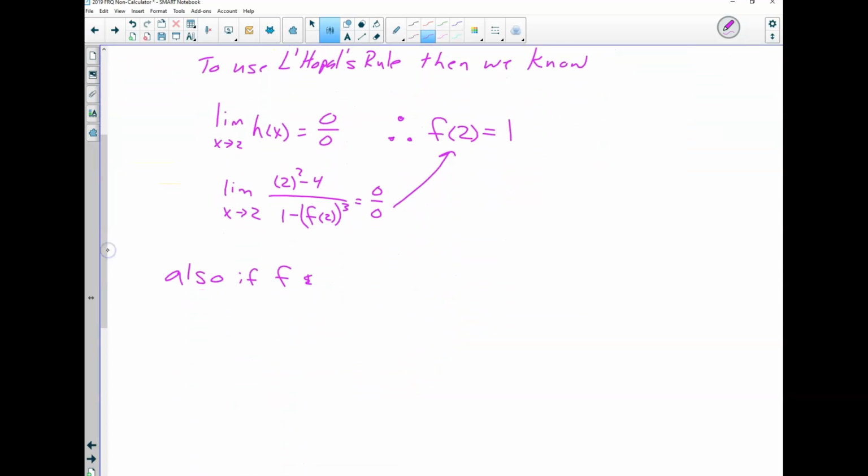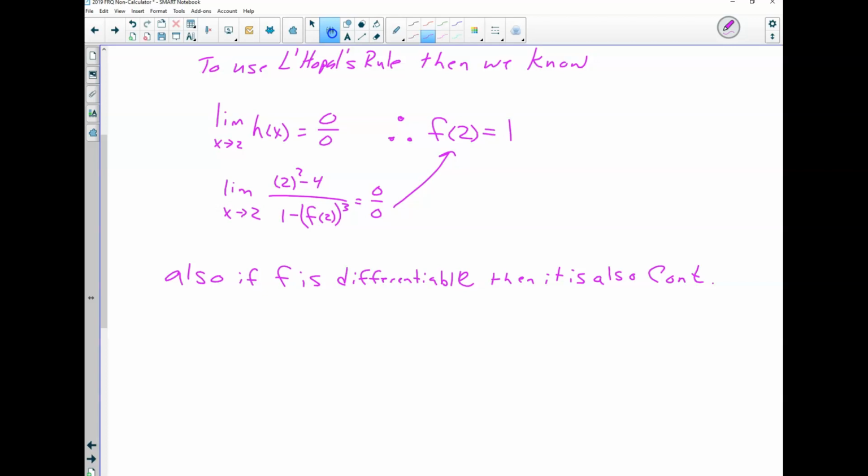So if f is continuous, if f is differentiable, then it is also continuous.